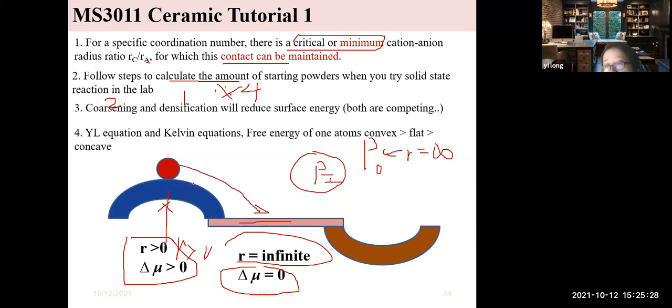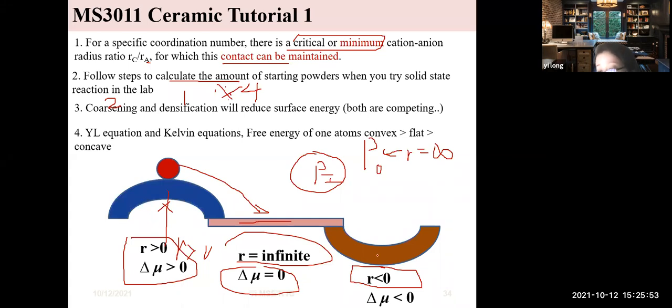So the free energy of atoms is highest at the convex, followed by the flat, and followed by the concave. At this moment, I know the concave case is a bit confusing. No worry, we are going to learn more in this Friday's class. In mathematics, if it's concave, this R is less than 0, so delta mu is less than 0.